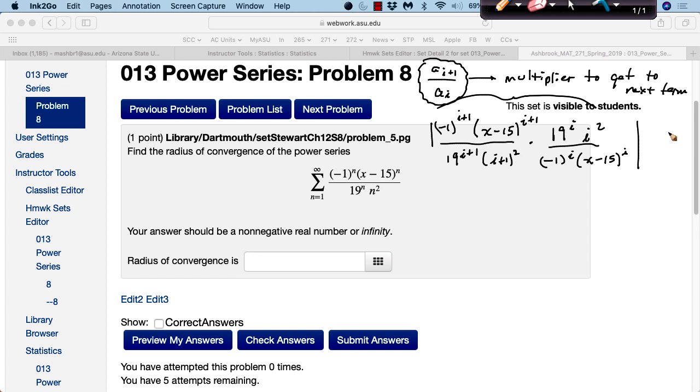So then what's the point? That multiplier is like r in a geometric series, right? But r is constant. With a geometric series, that multiplier stays the same.